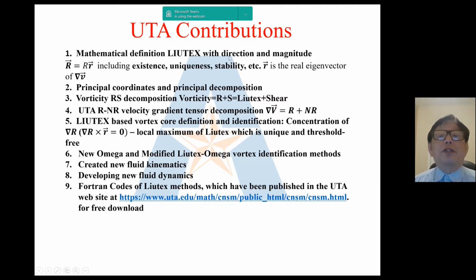And the magnitude, we know, is twice the angular speed of the local fluid motion, including existence, uniqueness, stability, etc. Then principal coordinates and principal decomposition, in both principal coordinates and the original x, y, z coordinate system.